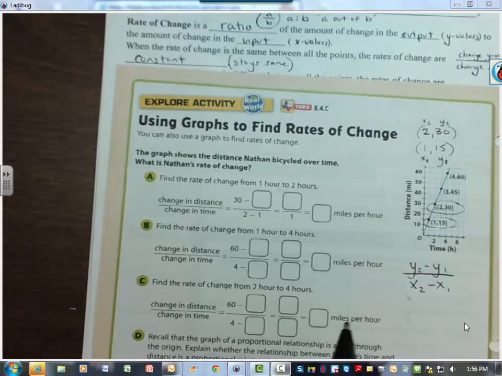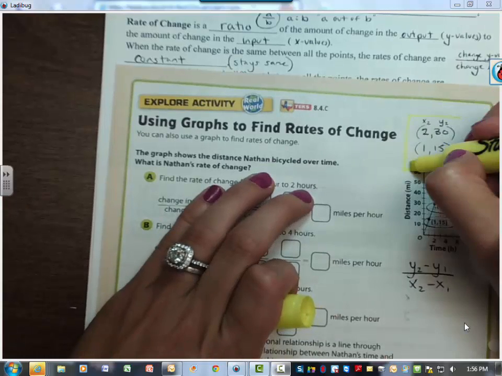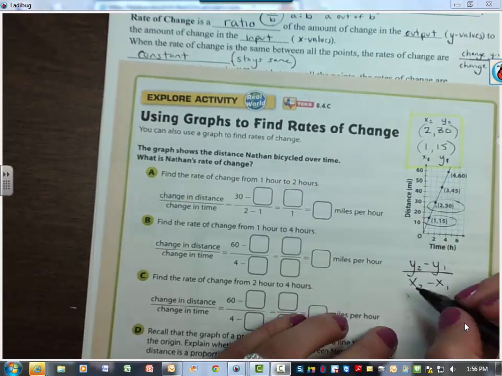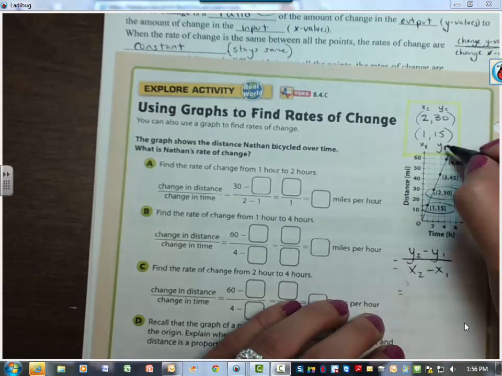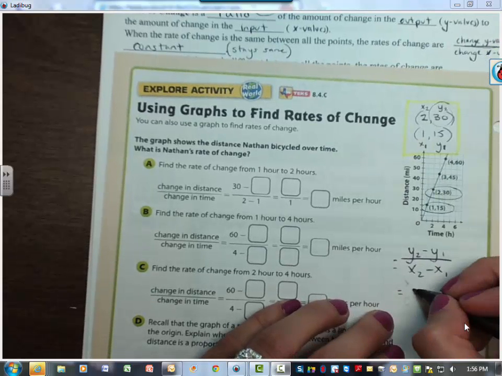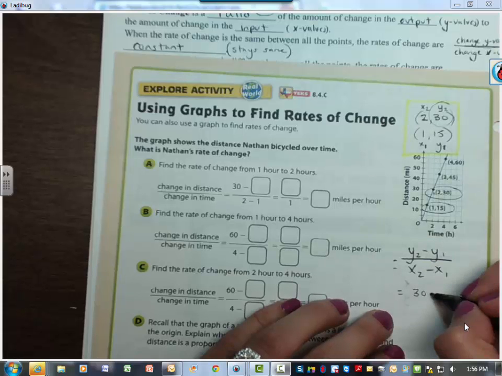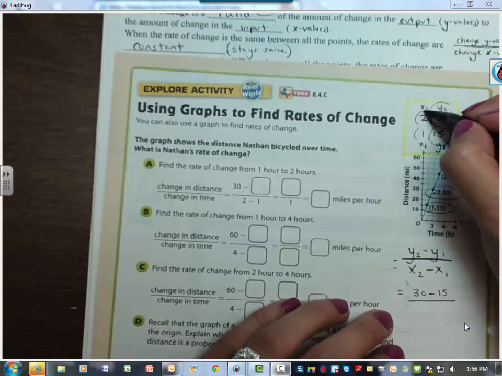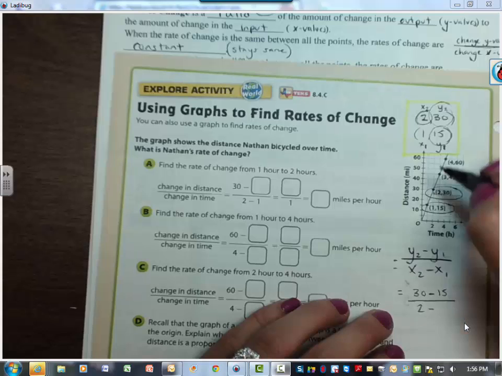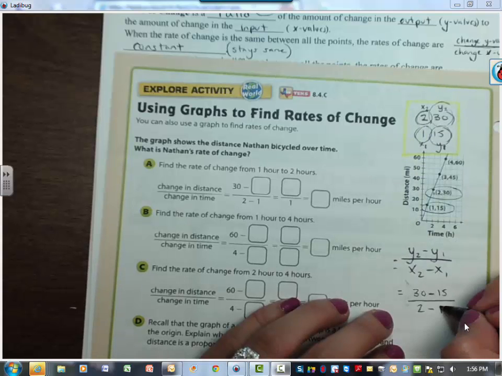Now, if I plug this information into the formula that was given, my y2 is going to be 30, and then minus my y1, which is 15, all over x2, which is 2, minus x1, which is 1.